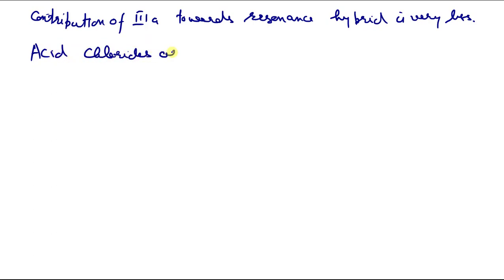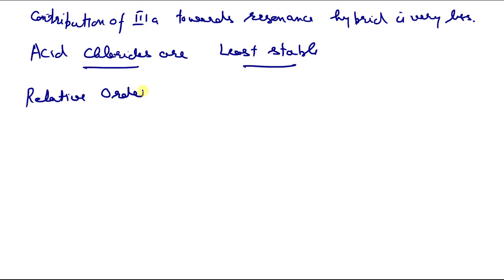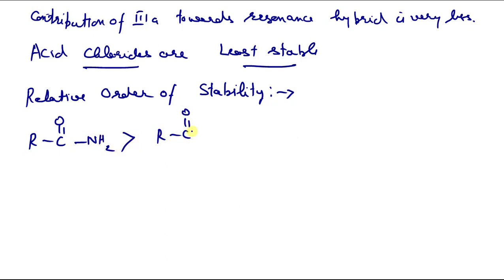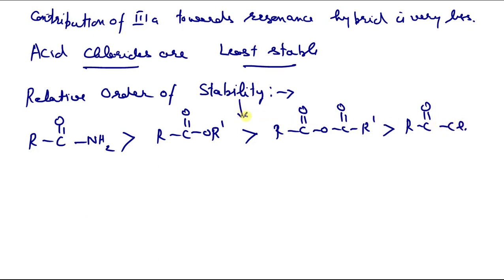So from all our discussion, if we have to write the relative order of stability, amides are most stable, then we have esters, then anhydrides, and at last acid chlorides are least stable. This is the relative order of stability.